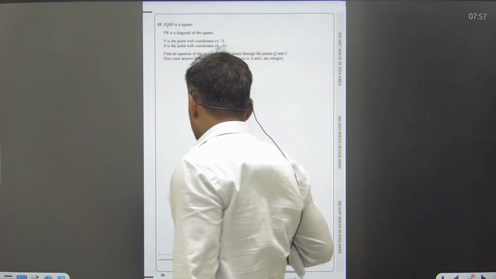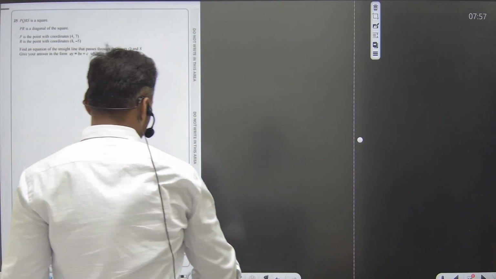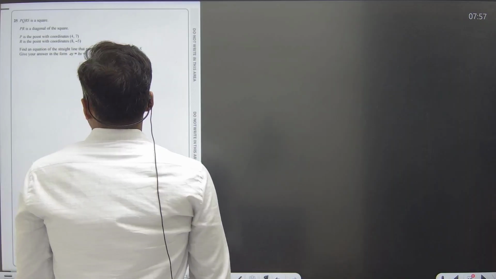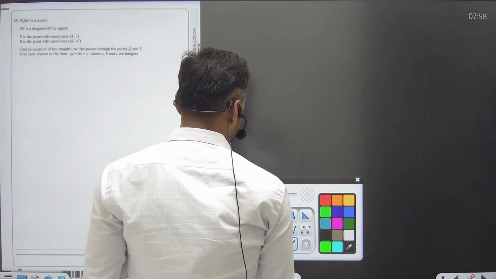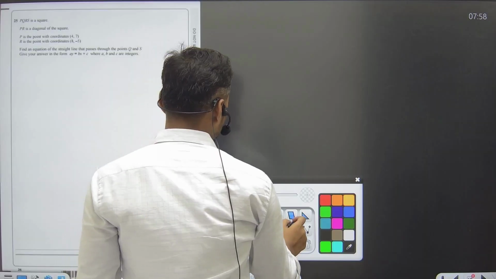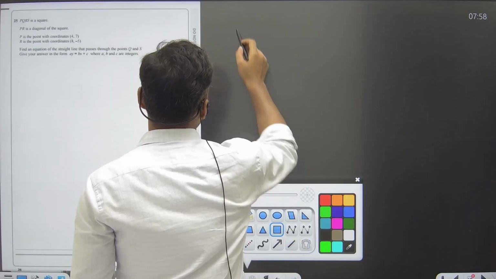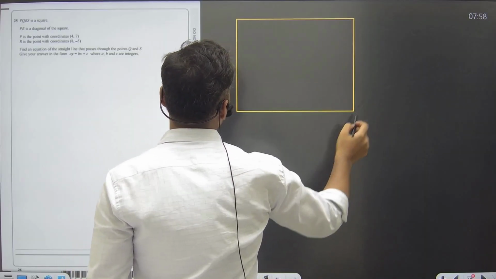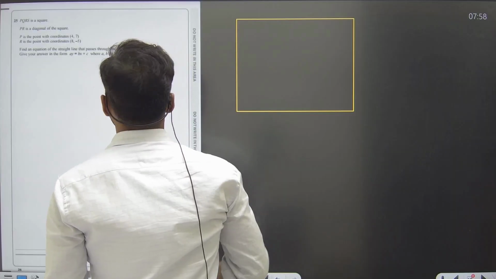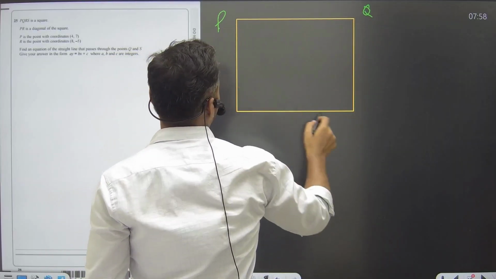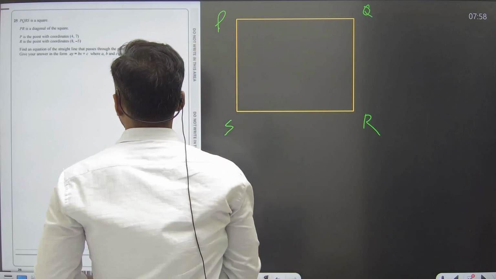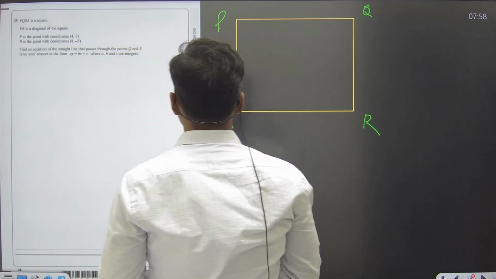Yes, this is the last question of this particular paper, student. PQRS is a square and PR is the diagonal of the square. P is the point with the coordinates, okay.